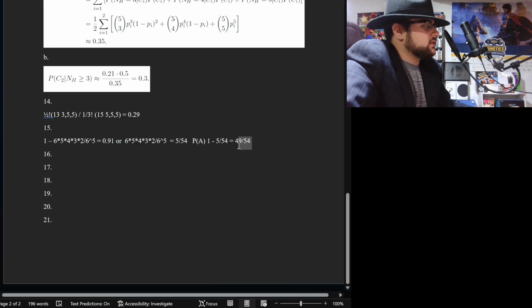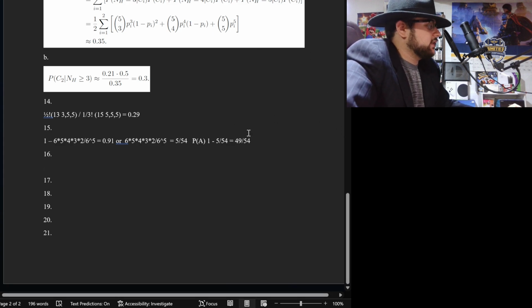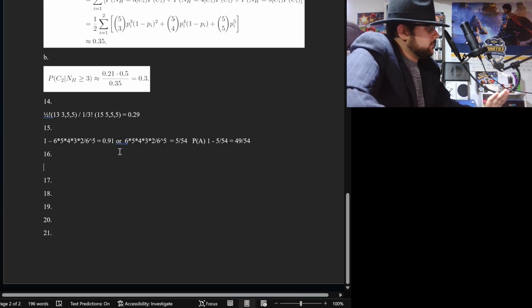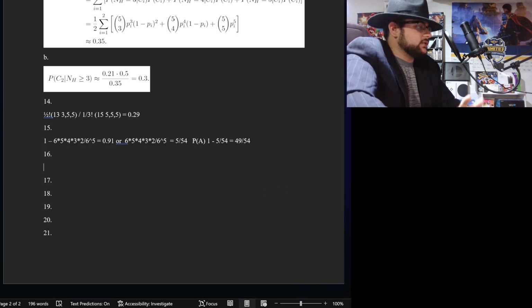If they want exact, you can give an exact. This is your exact here. If they want an approximation, this is your answer. In this case, since there is an exact like this, I would want this instead. But if you gave me 0.91, I would give you full credit for the answer.